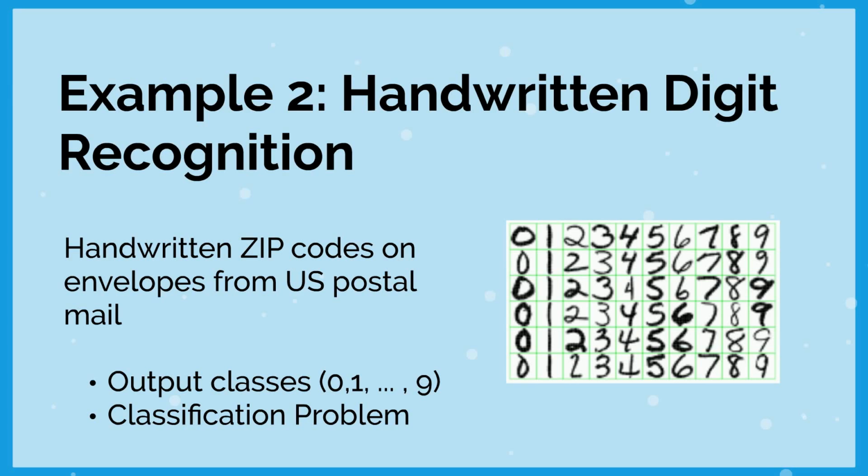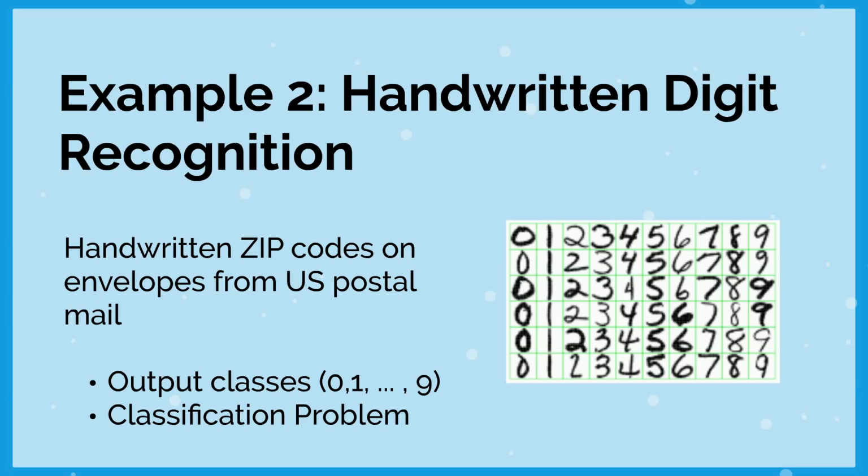So it's a 16 by 16 matrix. That means you have 256 different inputs, where each input is just a pixel intensity at a given location. So this problem has many more output classes and way more inputs as well. So these networks can get pretty big pretty quick depending on the type of problem that you're working on. And again, this is a classification problem.